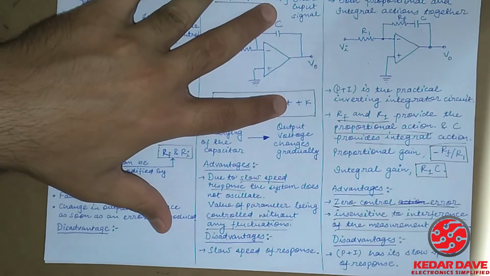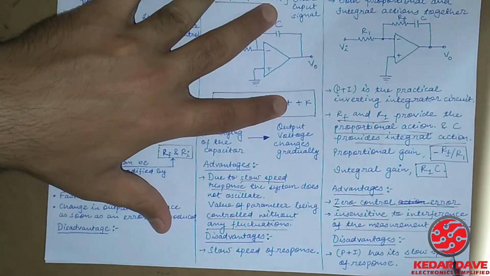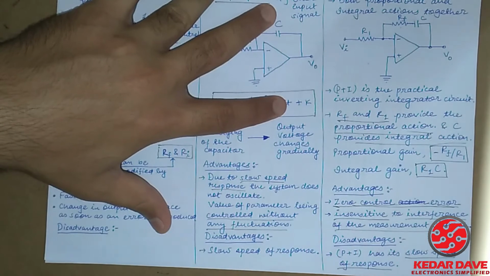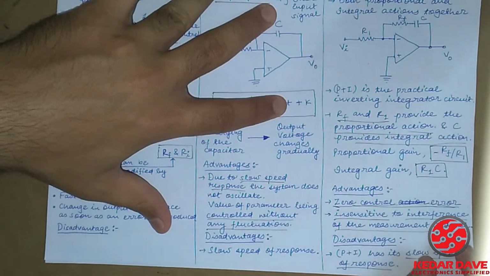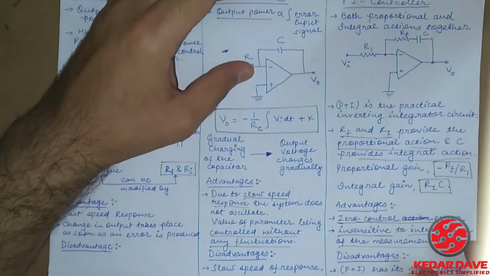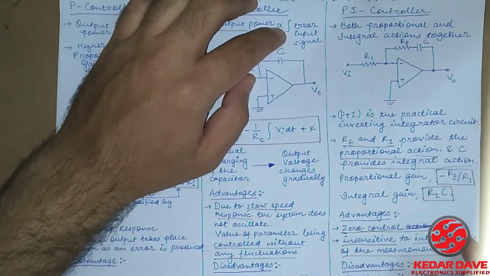After that, the disadvantages can be described in this way: P plus I has a slow speed response. As we have checked for the P controller, it will be particular values. It will have a fast response, right? So this way. Now, after learning all these three controllers, right?